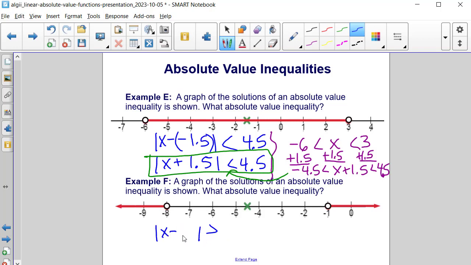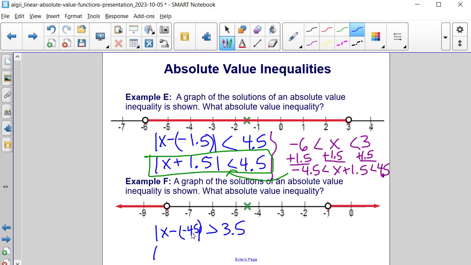And we have an x minus, what's our center point? Our center point is right here at negative 4.5. And then it's greater than, what's our distance from our center to each endpoint? Well, we have to go a half and then 1, 2, 3. So it's greater than 3.5.